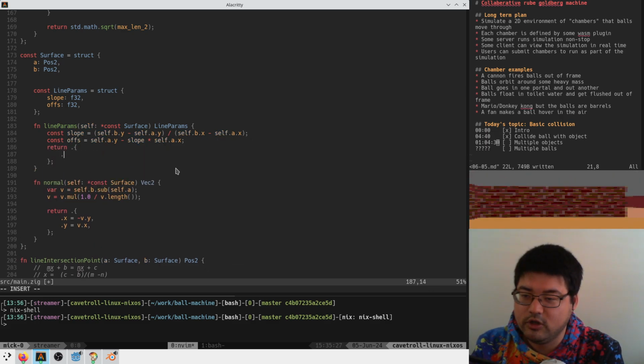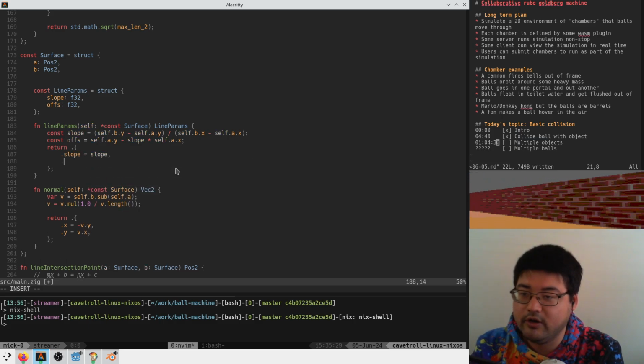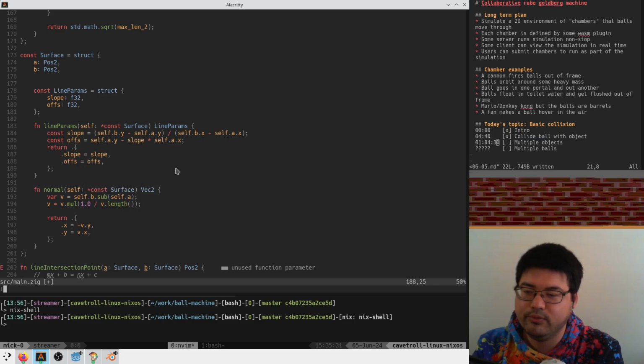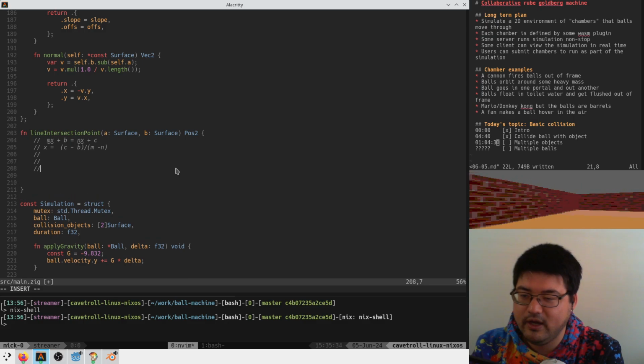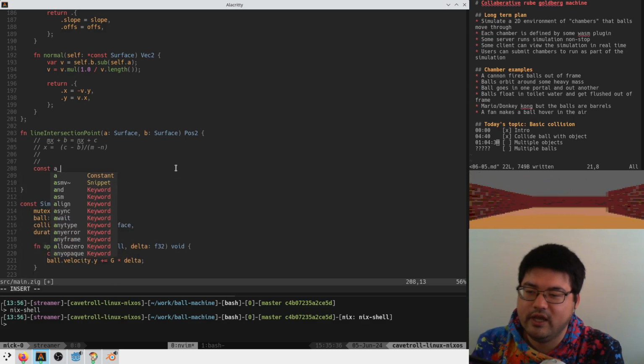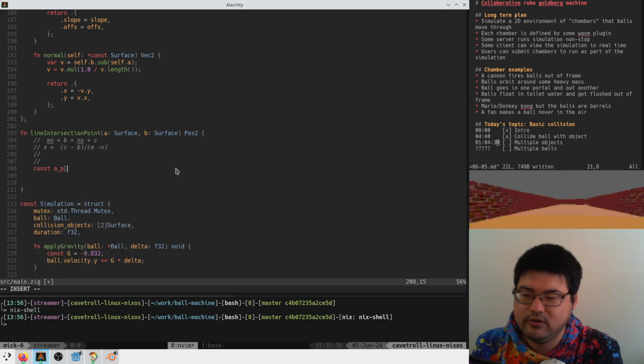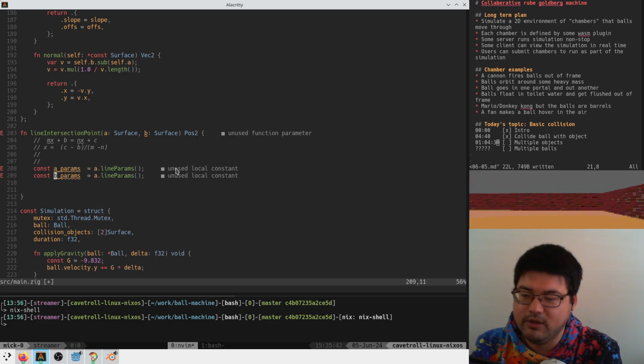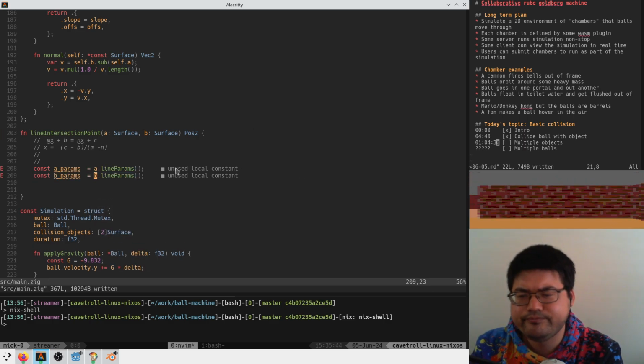Dot slope is equal to slope. Dot offs is equal to offs. Boom, boom. So now we can go back here and say const a params is equal to a line params, b params equal to b line params.